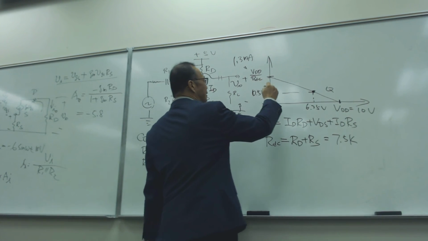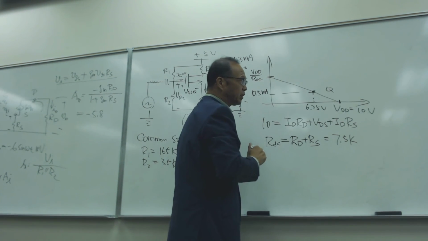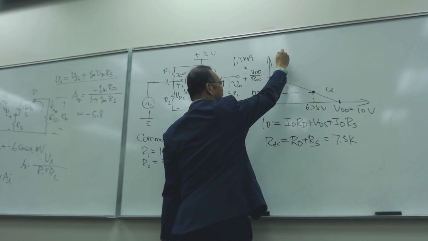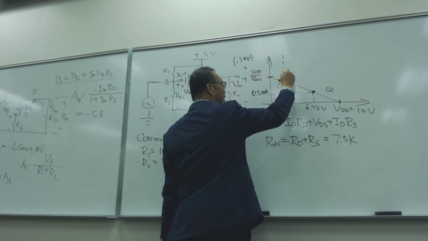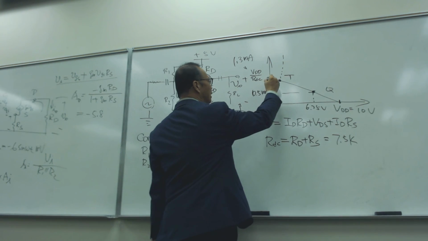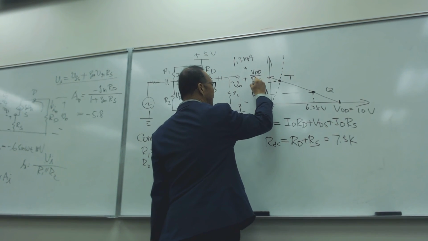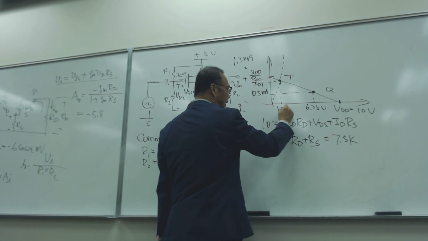Okay, but this is not the range of the DC operation. For the MOSFET, the upper limitation is decided by the T point. Yes? So therefore, there's an IDT and there's a VDST.